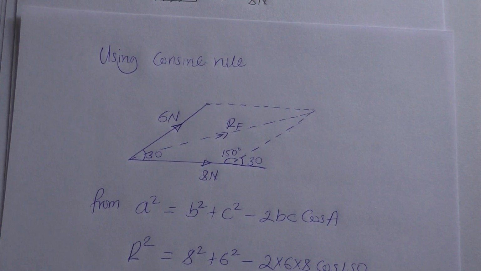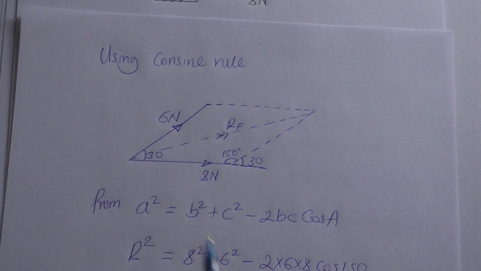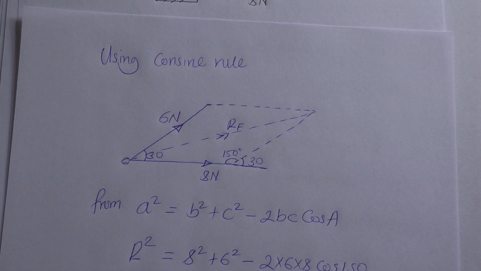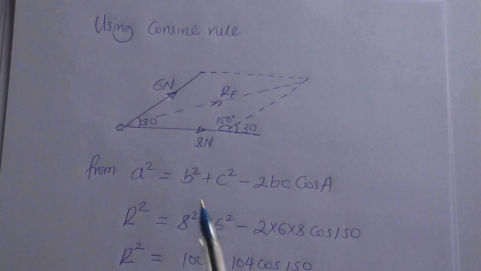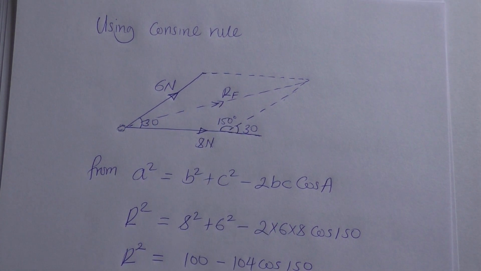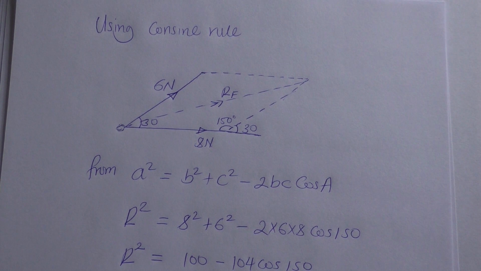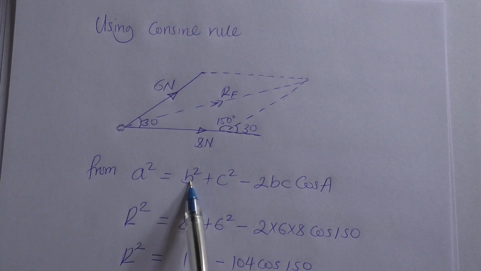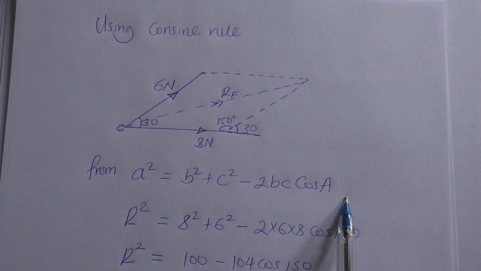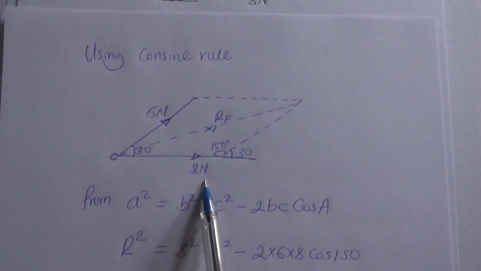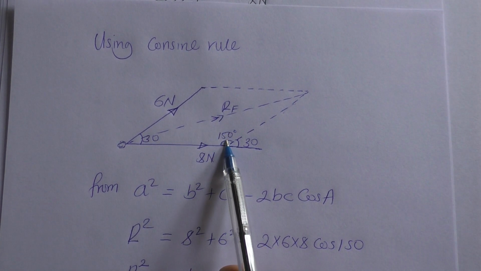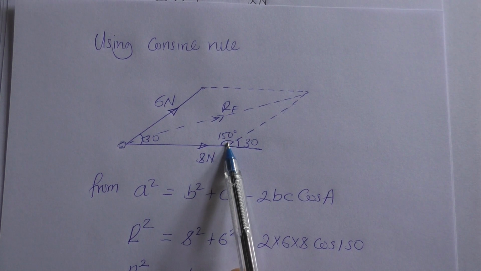For the cosine rule, these are our forces acting on an object at point O. Now, we shall trace the path for the resultant force and use the cosine rule, which says that a squared equals b squared plus c squared minus 2bc cos A. Therefore, in this case, A is the resultant force we want, and the angle of A is 150.